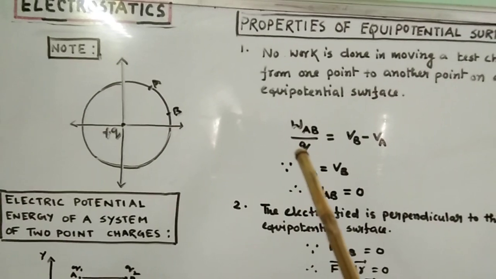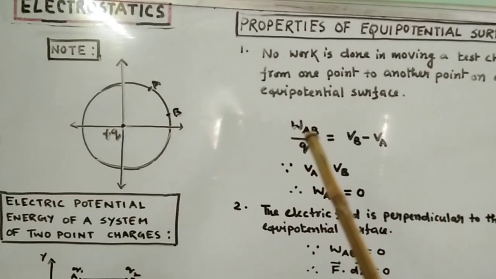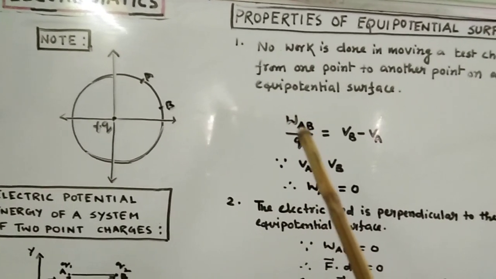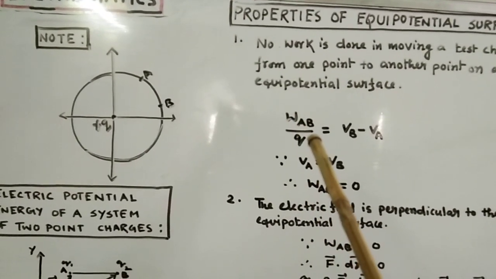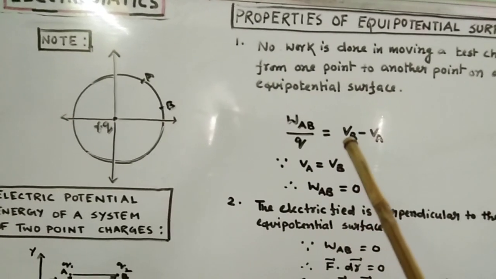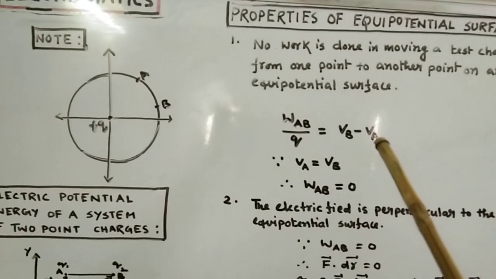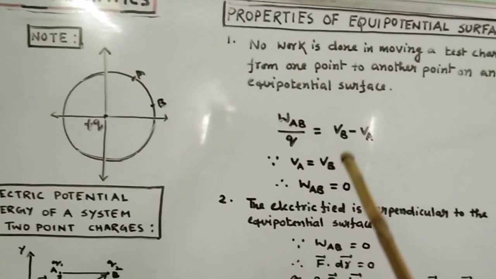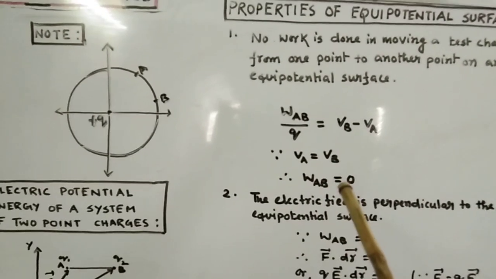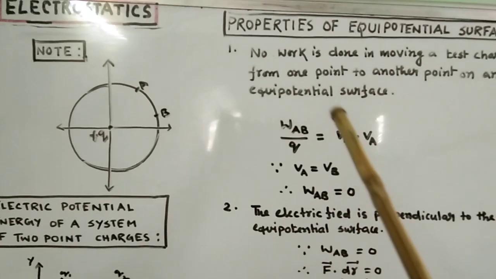This expression WAB is the work done to move the charge from A to B, and work done per unit charge is the potential. So this gives you the difference in potential between the two points, VB minus VA. Since VA equals VB, if you substitute here, WAB is 0. So work done to move the charge from point A to point B is 0.